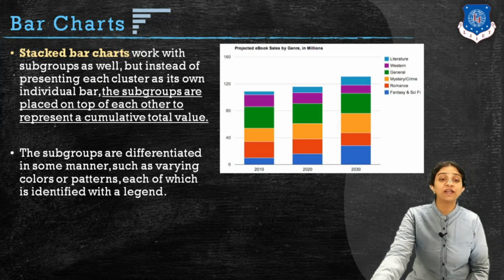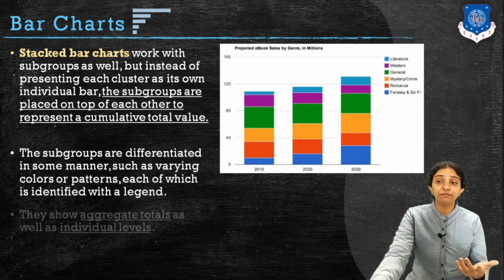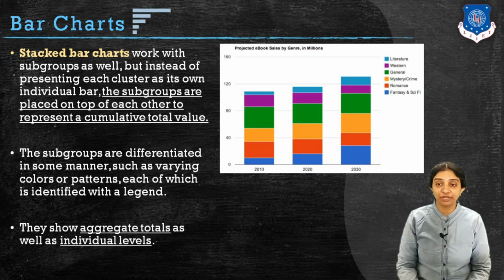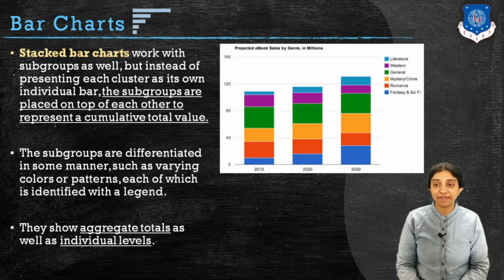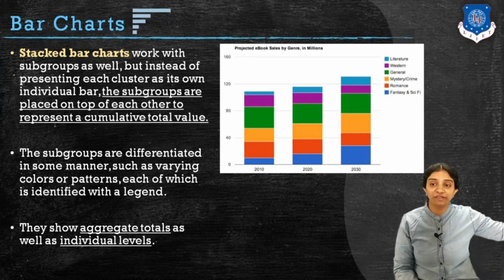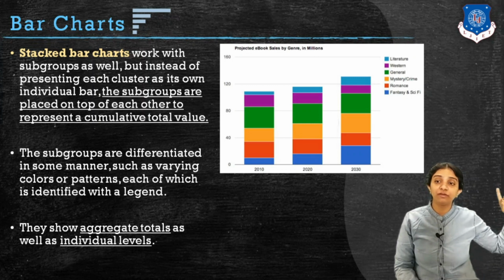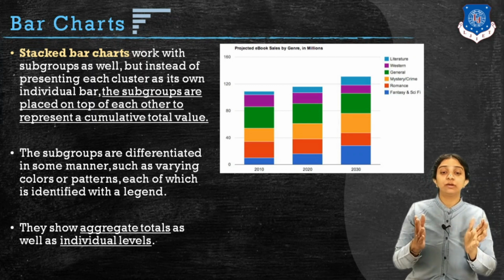Your subgroups are differentiated in some manner, such as varying colors or patterns, which can be identified by the legend. Legends are nothing but those notations that are written towards the right of the chart. Say, for example, light blue is literature, green is general, dark blue is sci-fi. All these are called legends.